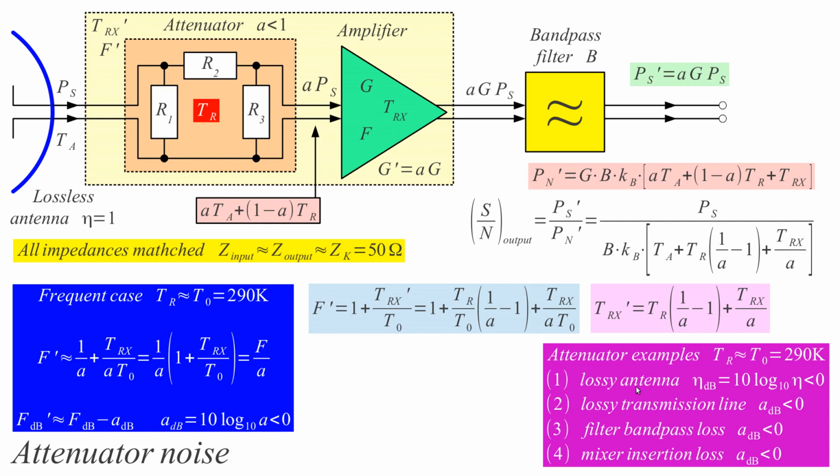They may come from a lossy antenna, an antenna that has a radiation efficiency less than 1, or a logarithm of the radiation efficiency less than 0. Maybe a lossy transmission line or even a longer coaxial cable where we have line amplifiers to restore the signal level on this coaxial cable.